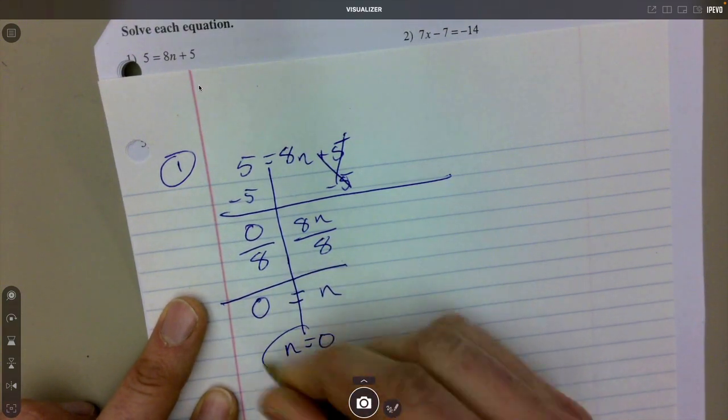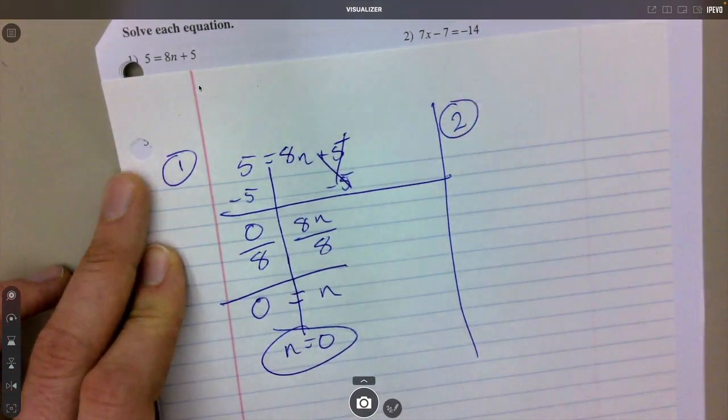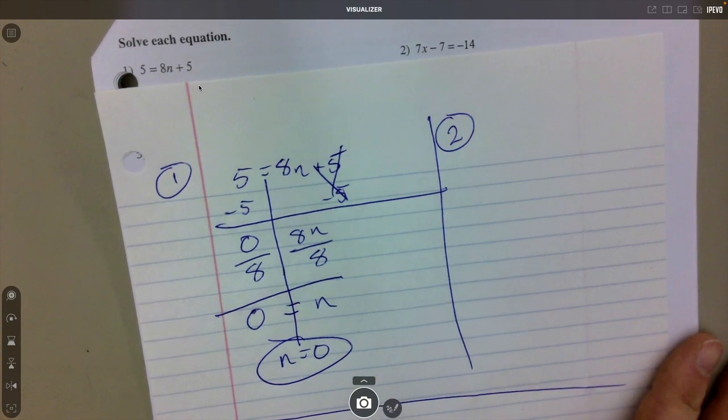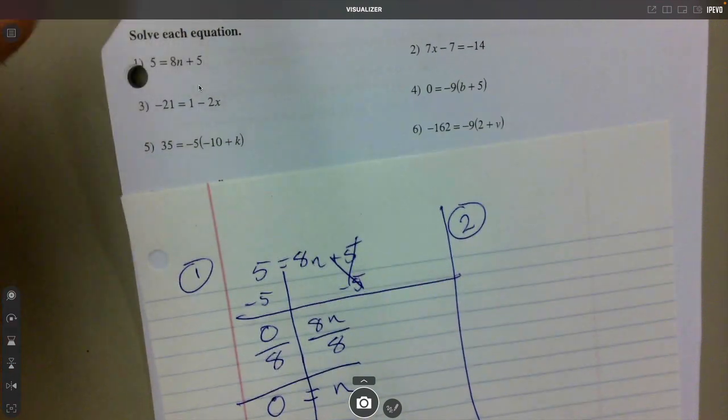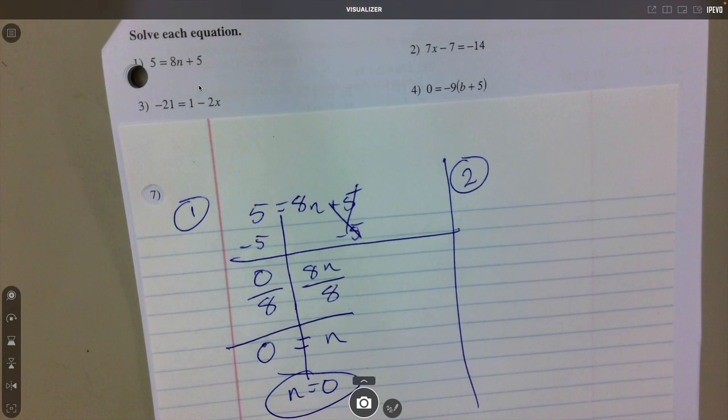That's the work I should see on your page. You can draw a line to do number 2 next to it or underneath it so it's nice and neat. Once you do 1 and 2, I'm okay with you skipping around a bit if you want to just skip past 3 and get to a nice distributive problem that we did today.